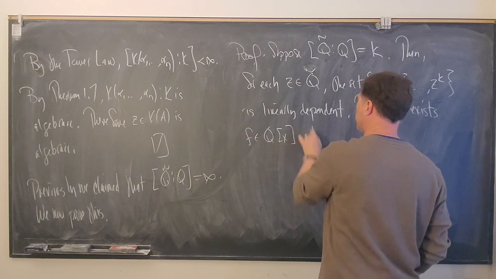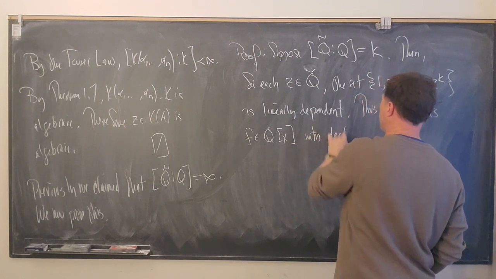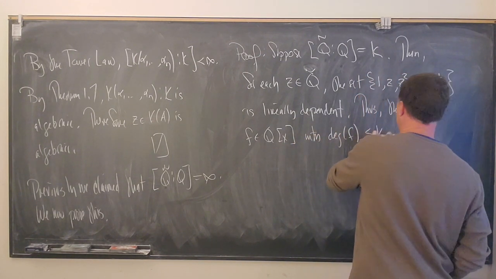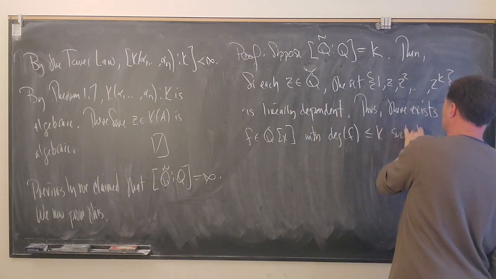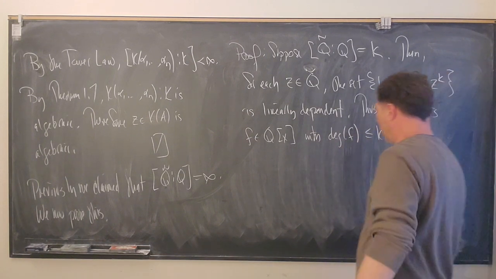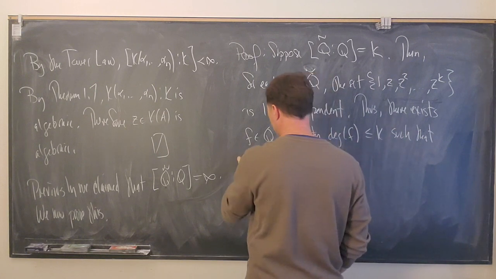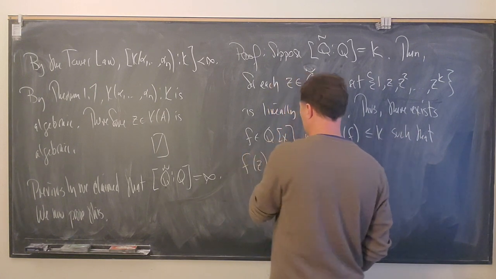So with the degree of f less than or equal to k, such that f of z equals 0.